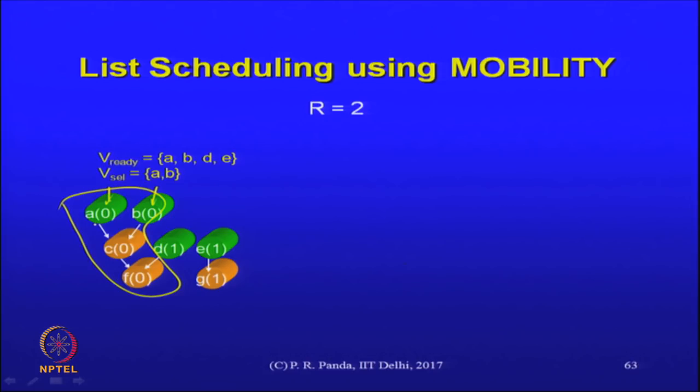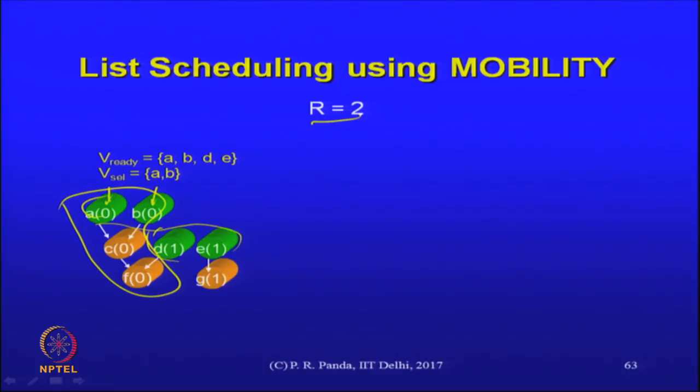Okay. So, my ready list consists of these 4, right, these 2 and these 2, the 4 that are highlighted in green, and out of that I need to choose 2 because R equals 2. I have 2 resources of that type. So, this is where the priority function is of some use, because the number of ready elements is greater than the number of resources.